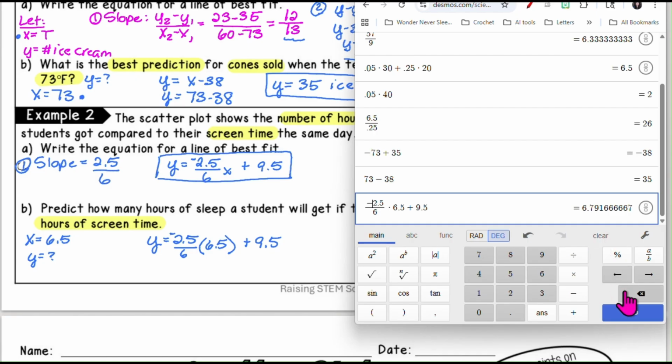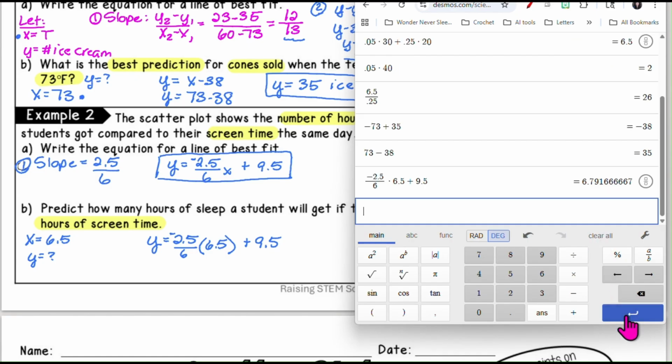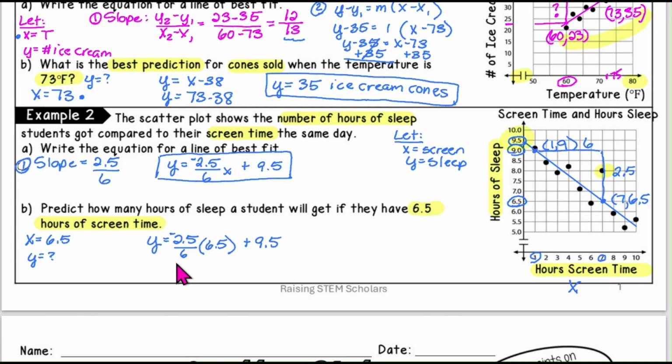So now we're getting a more realistic answer. So we found two errors with what I did. I forgot my negative slope, and for some reason I just flat out didn't put my decimal in there. And that's important because when we go to look at these answers, estimating our answer, 6.79, we need to have an estimate for how realistic it is.